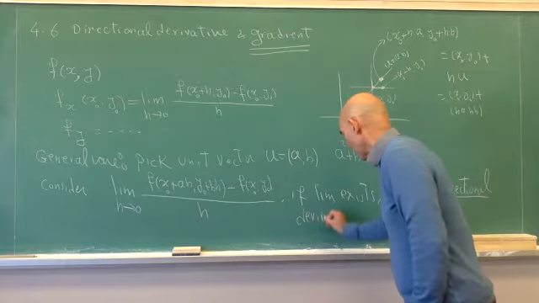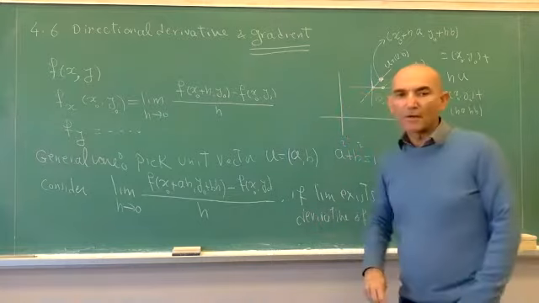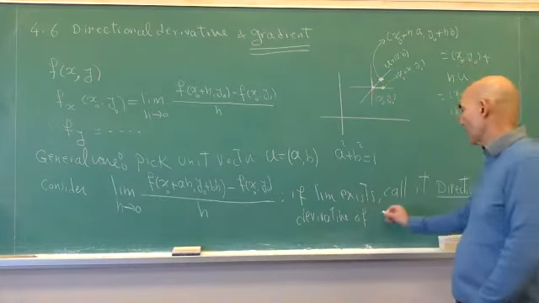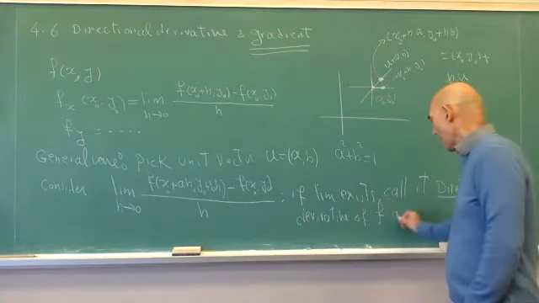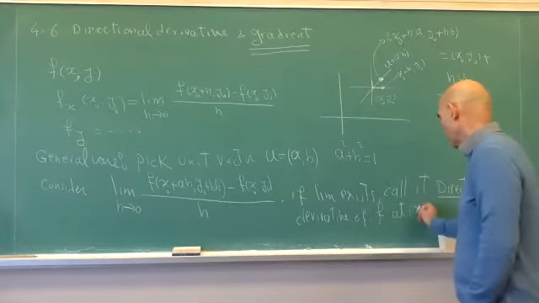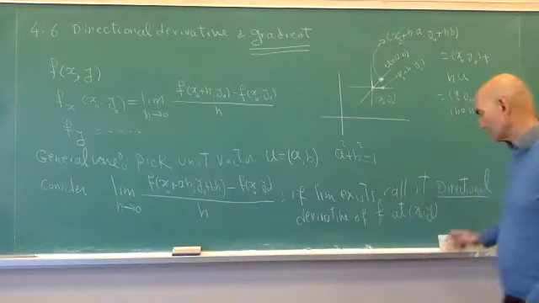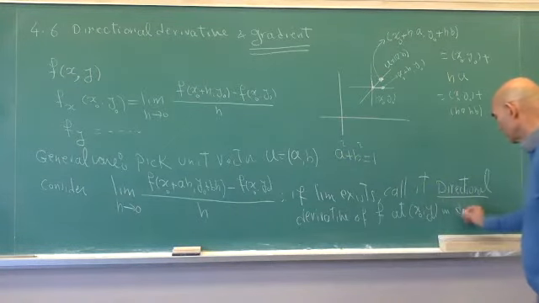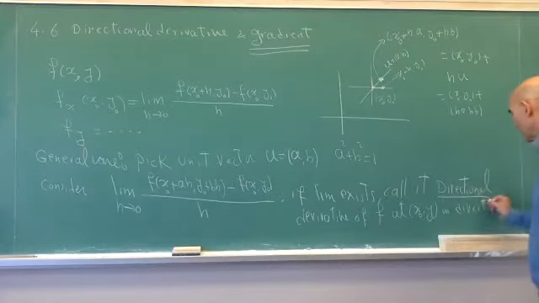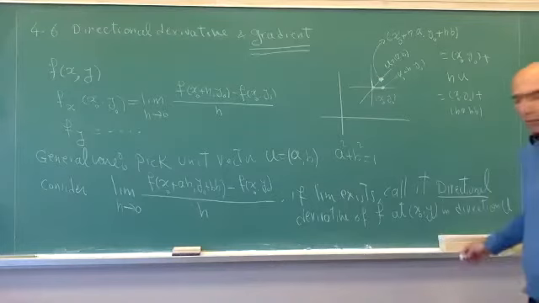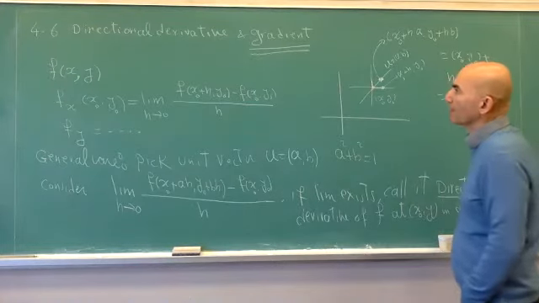The derivative of this function f at the point x0, y0 in the direction of u. So you have to specify all this direction. Of course, u we know is just (a, b), right?